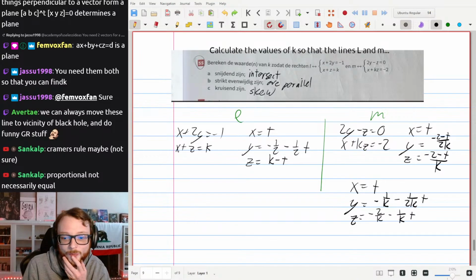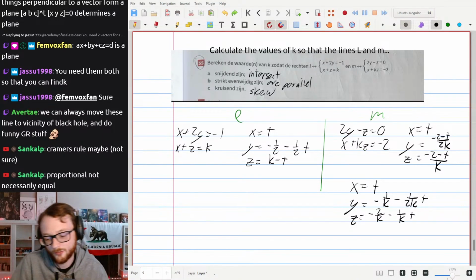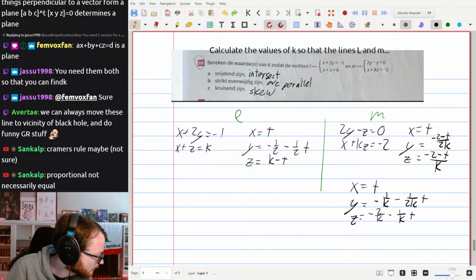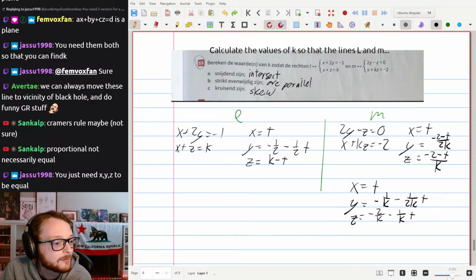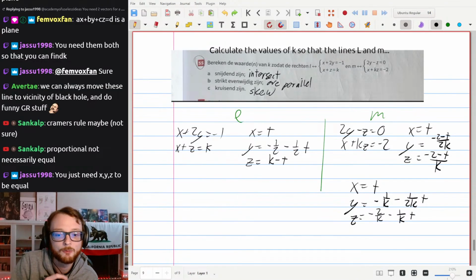Yeah, I guess we'd need to factor stuff out. Yeah, for part A, we just need them to be equal.